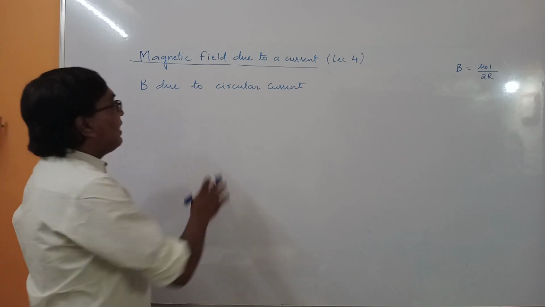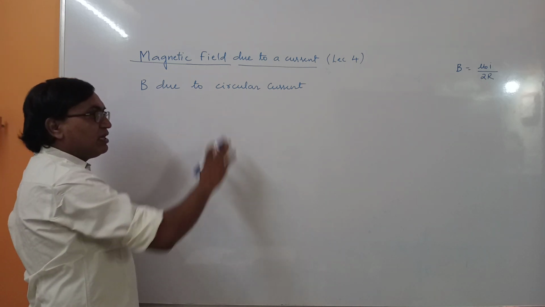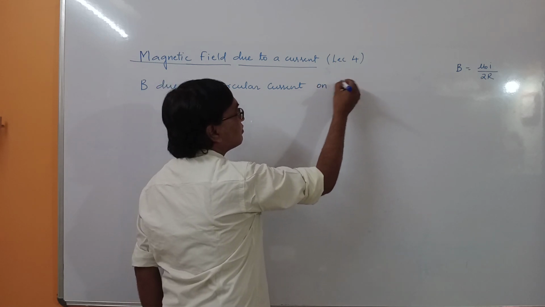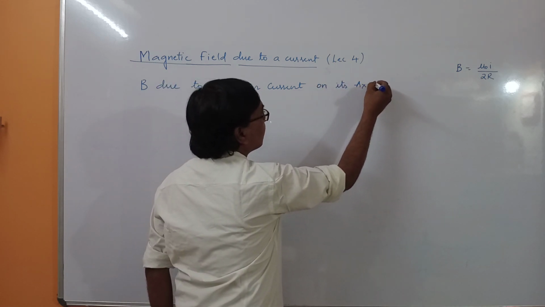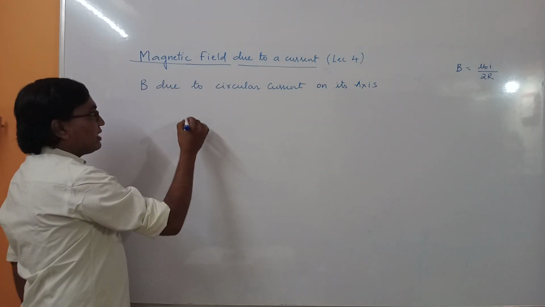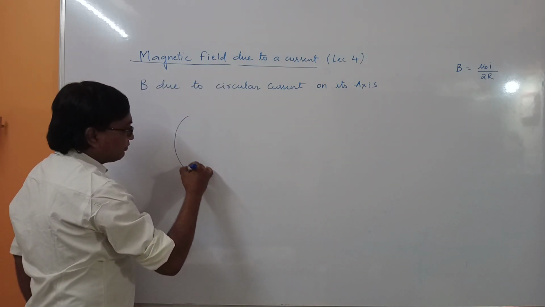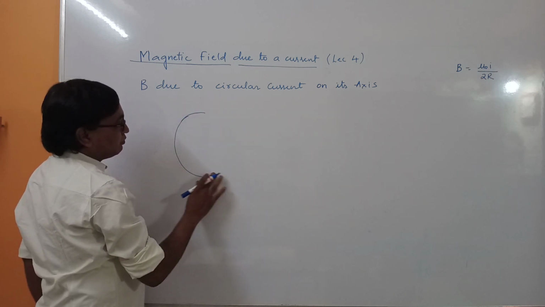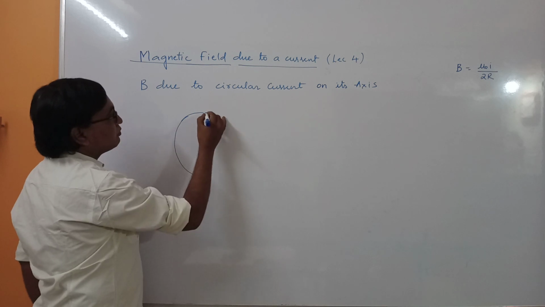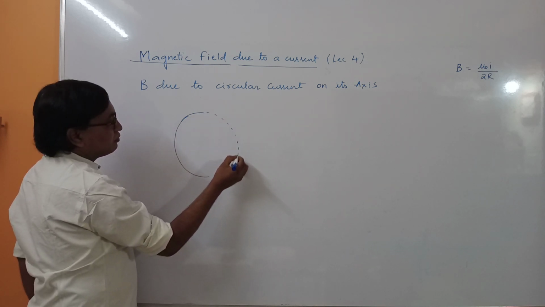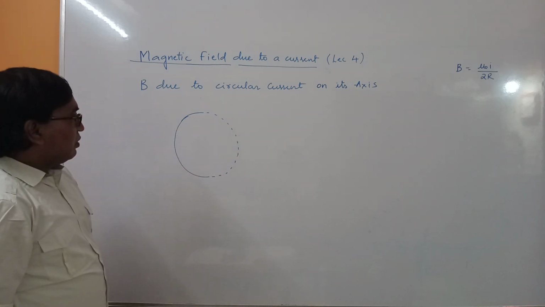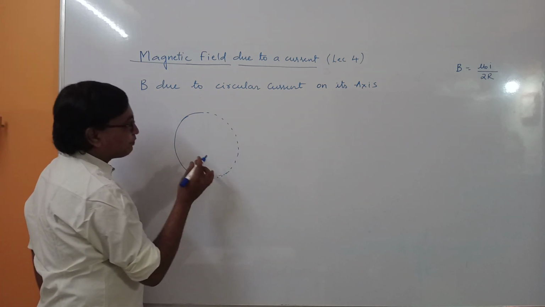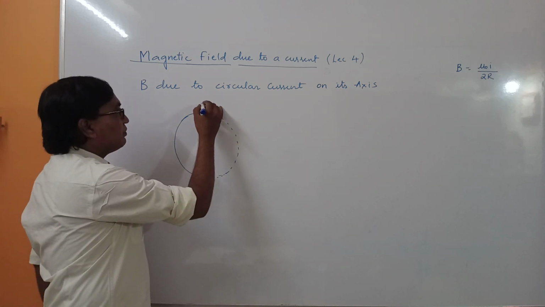Now we'll find the magnetic field due to a circular current on its axis. Let us take a circular loop. This loop is perpendicular to the plane of the board.